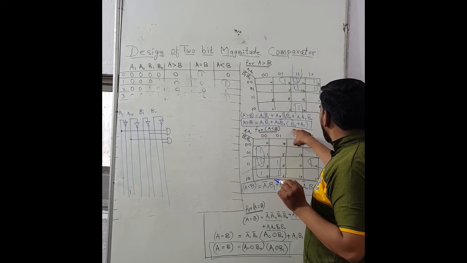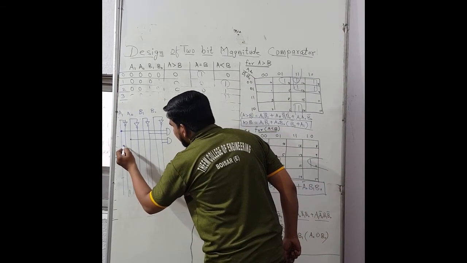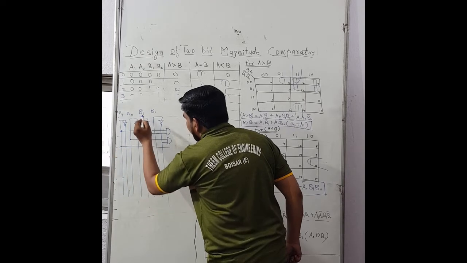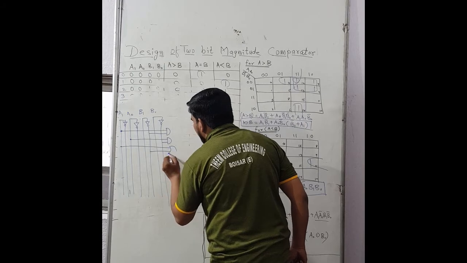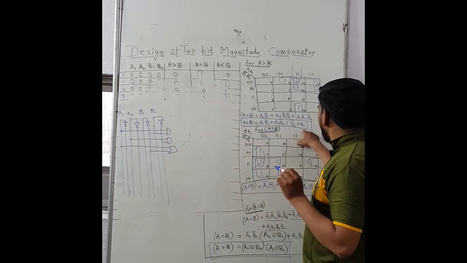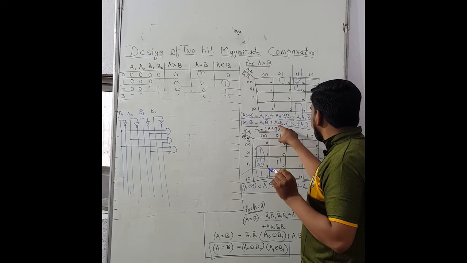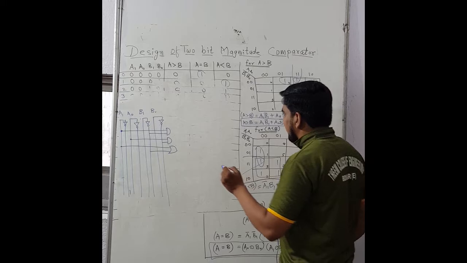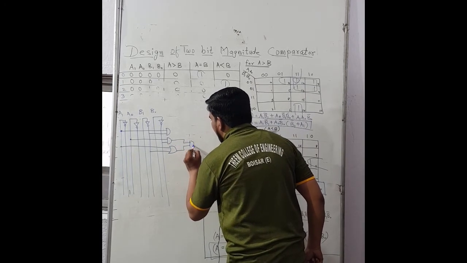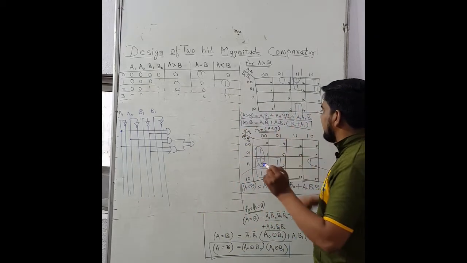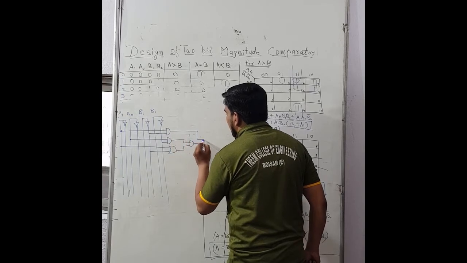Then A1 and B1 bar are ORed together, and between these two, that is A0 bar B0 bar and these two, there is an AND operation. You can apply them to the input of one more AND, and from these two expressions there is an OR operation. So this is ORed.